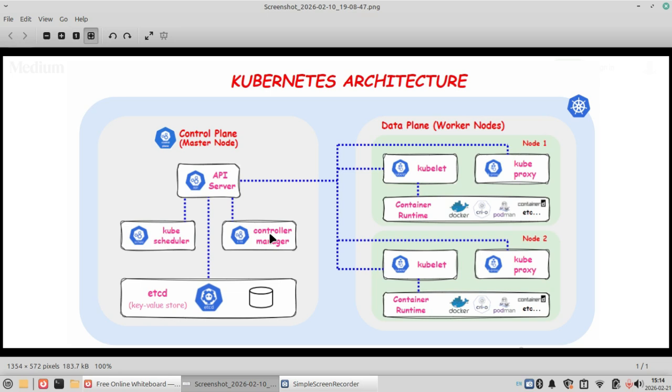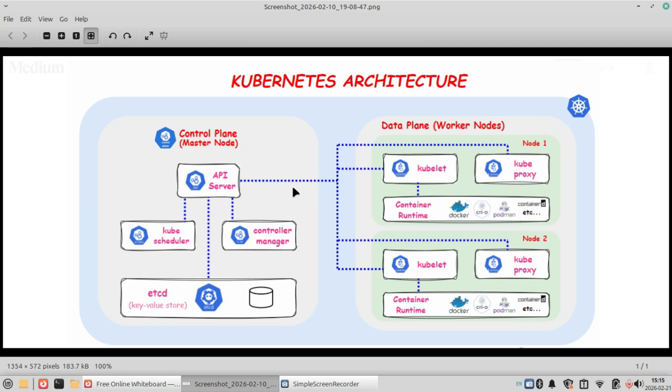So controllers are responsible for keeping replicas correct, handling node failures, reacting to object changes and most especially maintaining consistency. So in simple English, you can say that the controller manager is the system that keeps fixing things automatically. So this is why Kubernetes is called self-healing.